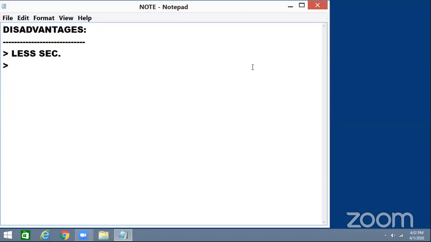Second, data redundancy, the same problem that occurred earlier. Next, data inconsistency.